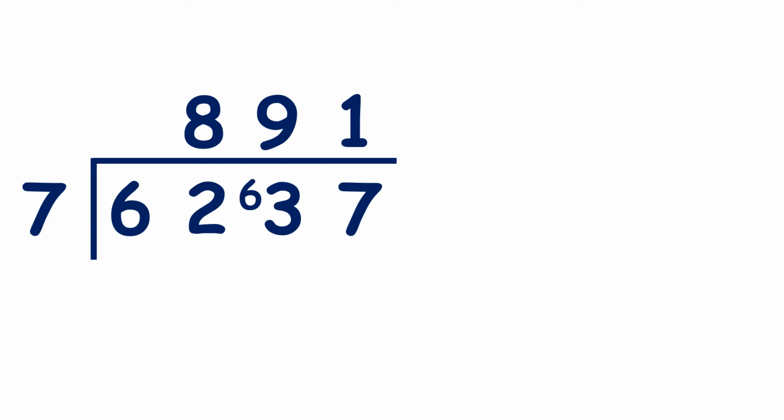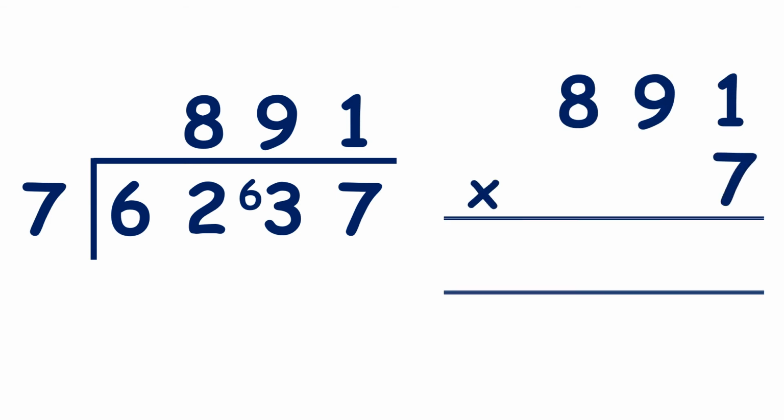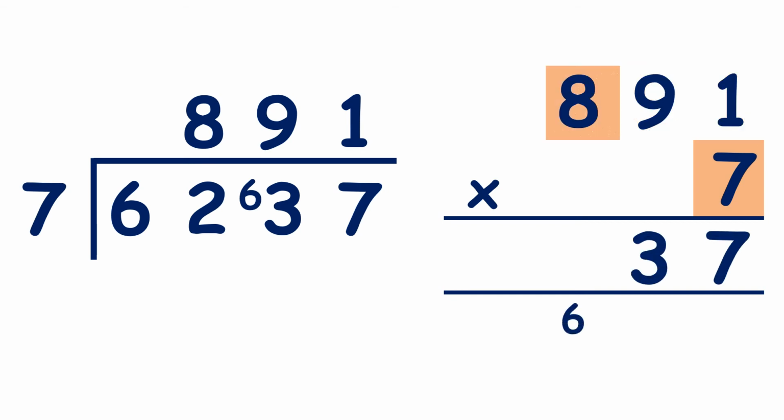So now, to check, we can multiply 891 by 7. And because the answer to our multiplication is the same as our dividend, we know that we've answered correctly.